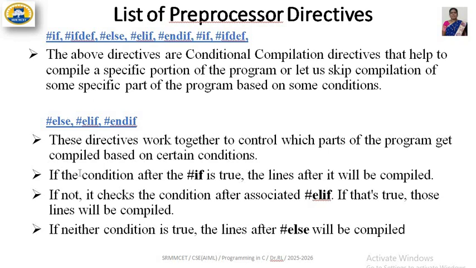Similarly, for if-else branch operations, #else, #elif, #endif work together to control which parts of the program get compiled based on certain conditions. If the condition after #if is true, the lines after it will be compiled. If not, it checks the condition after the associated #elif. If that is true, those lines will be compiled. If neither condition is true, the lines after #else will be compiled.